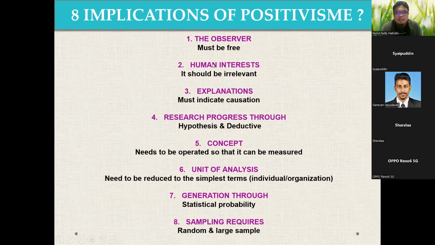And concepts need to be operationalized so that they can be measured. That is really important. In quantitative research, all your data needs to be measured. From the raw data, I need to do screening to make sure the data is fit and suitable for the specific analysis.